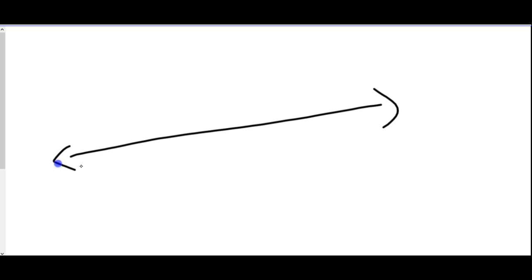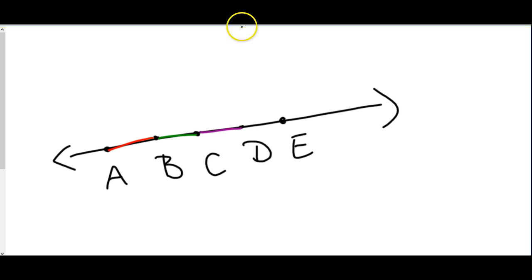So we can take a line, and if we put a whole bunch of points on it, there's a whole bunch of things we could name. So if I were to take this line and ask you how many line segments are on this line, well, it's easy to see the line segments between the points. We have A to B, B to C, C to D, D to E. So that would include 4 so far.